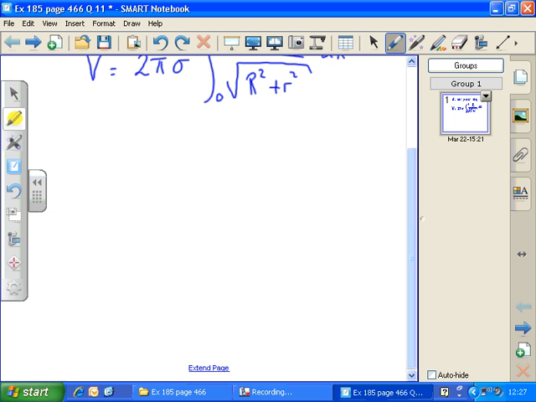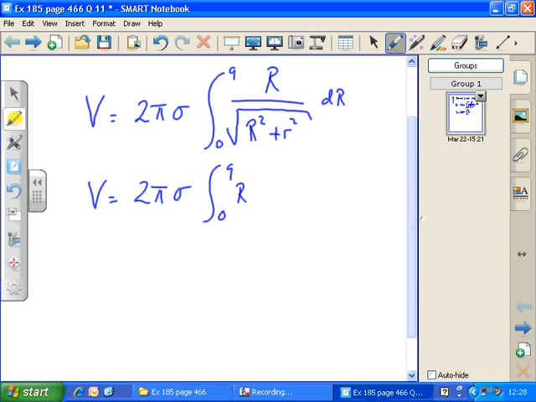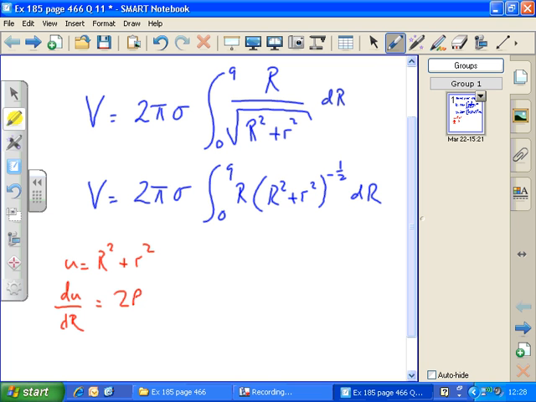So the first thing I would do here would be to rewrite the integral as 2 pi sigma integral between 0 and 9 of r times r squared plus R squared to the minus a half dr. And then I would let U equal r squared plus R squared and differentiate with respect to capital R. And that would give me 2R.